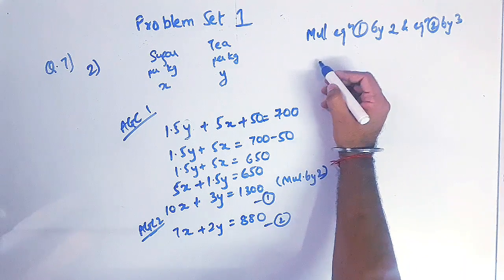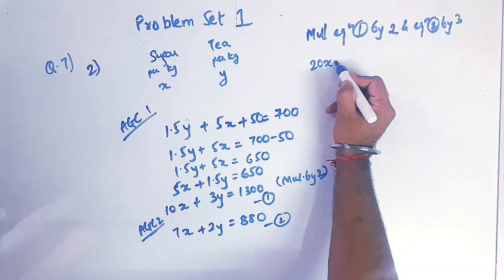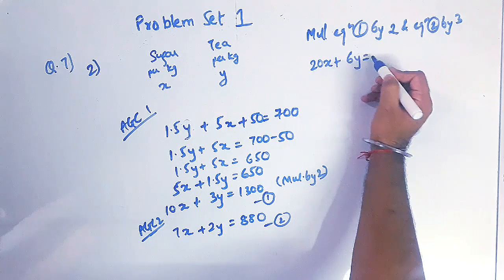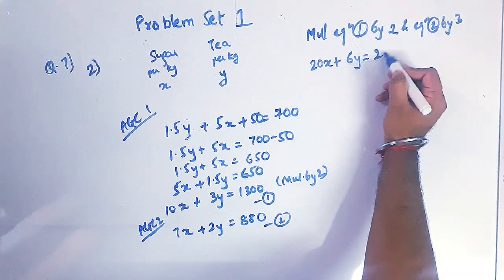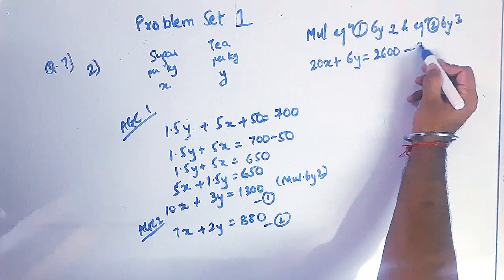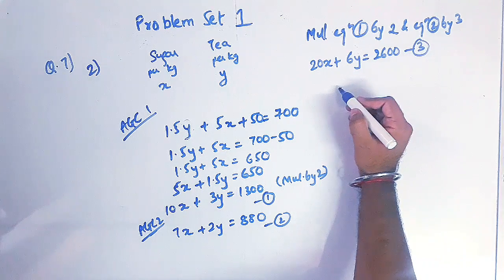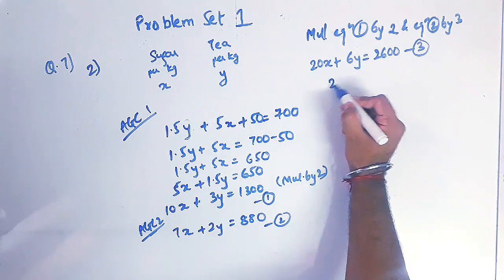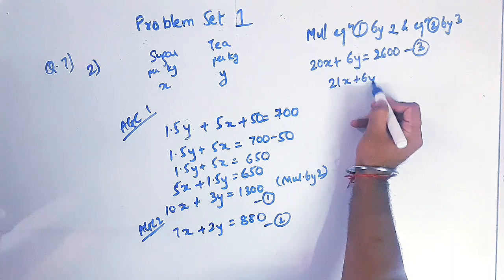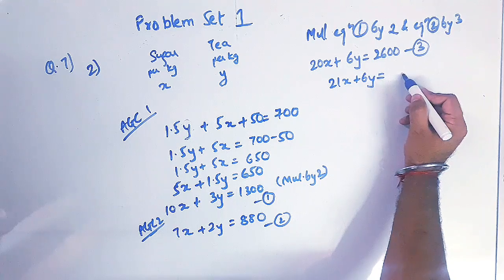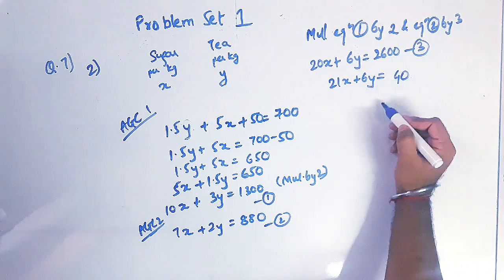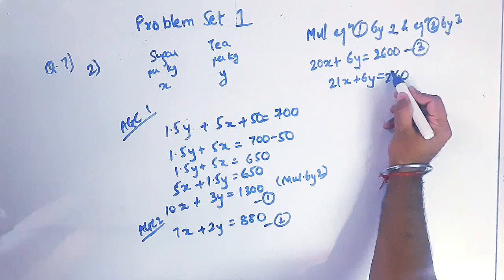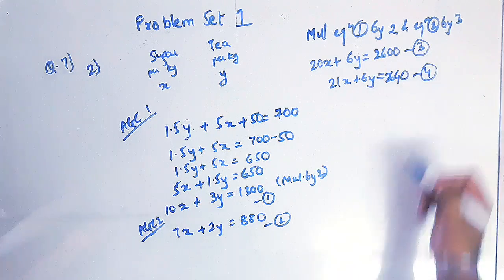It will become 20x plus 6y equals 2600. This is your new equation 3, and the fourth one will be this multiplied by 3, so 21x plus 6y equals 2640.